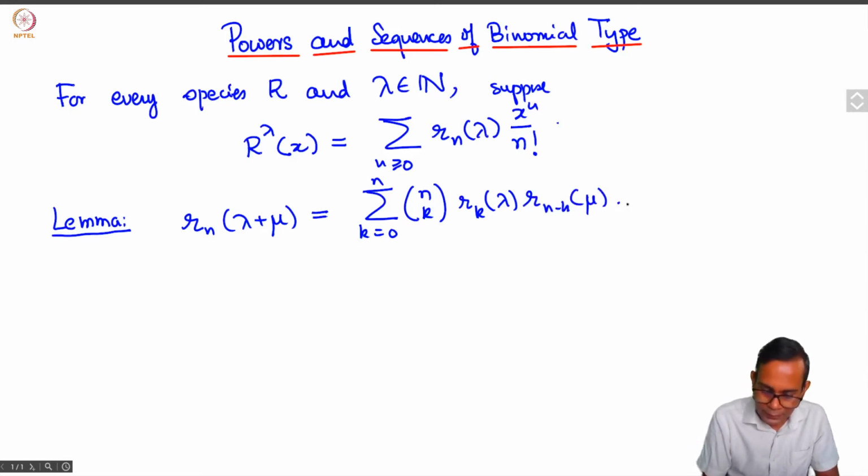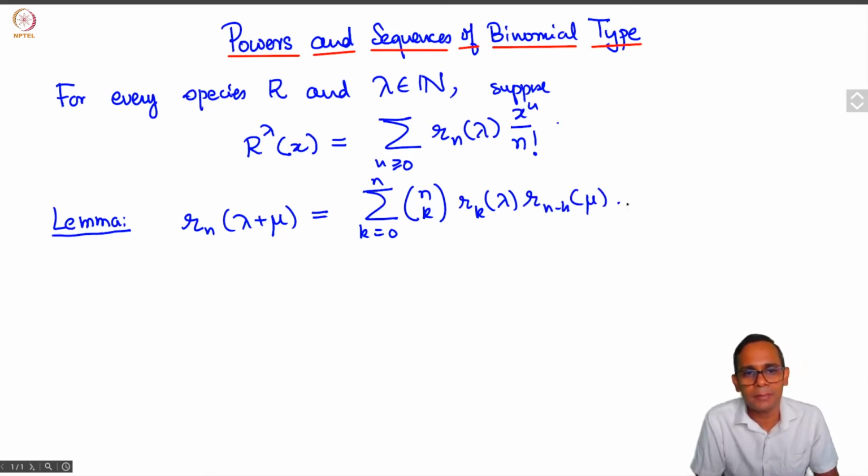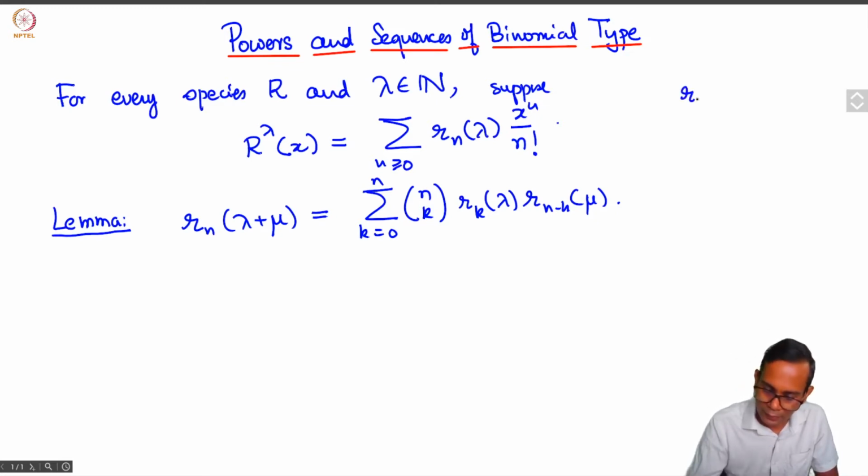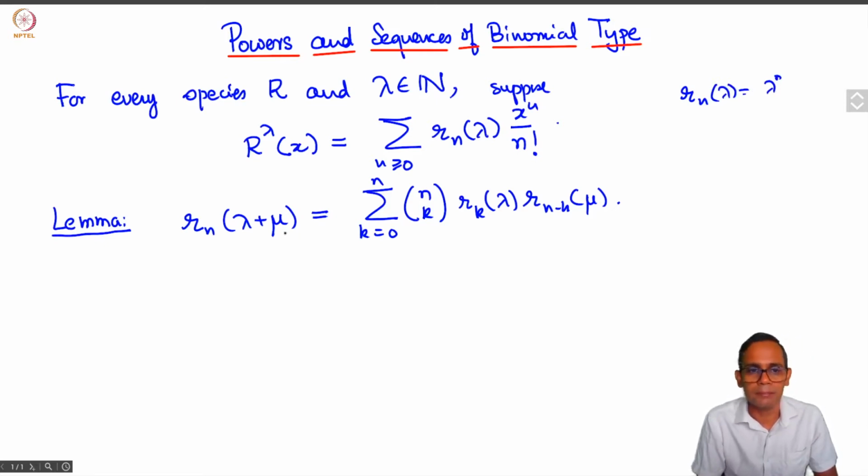And this is just like the binomial expansion. If you take lambda plus mu to the power n, if you define Rn of lambda equals lambda to the power n, then this identity here would just be the binomial theorem.